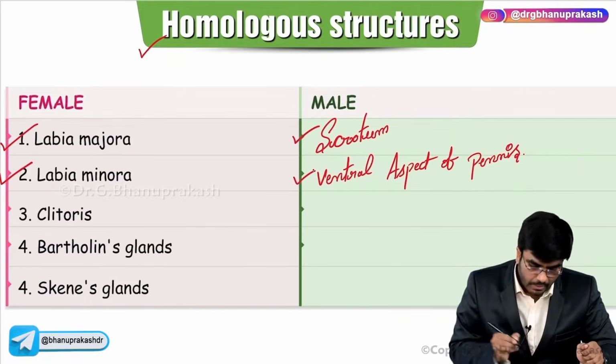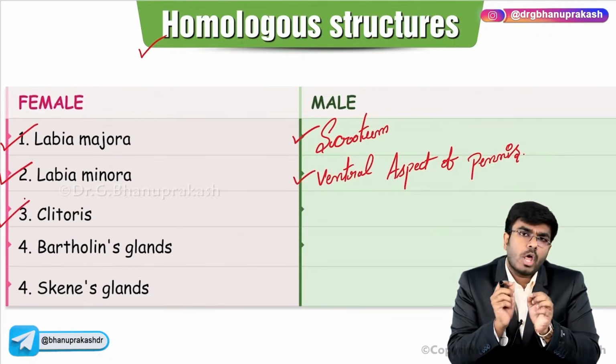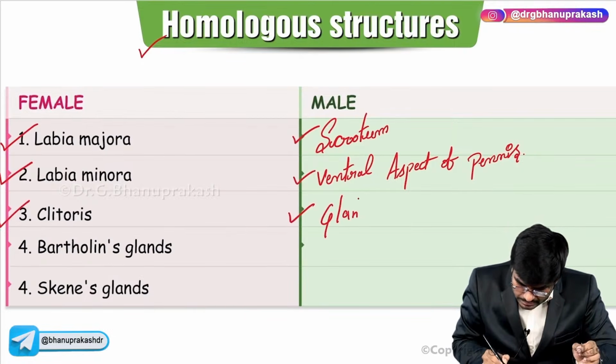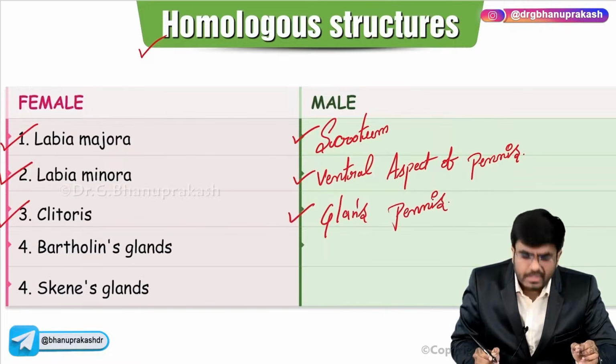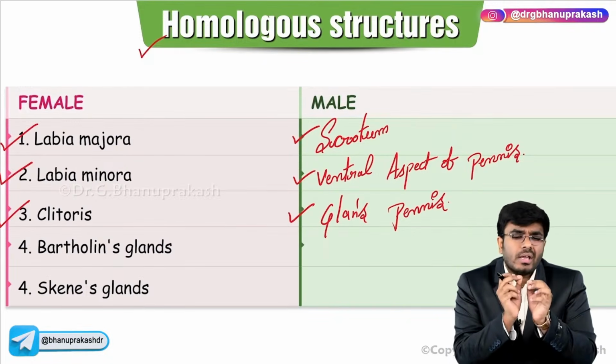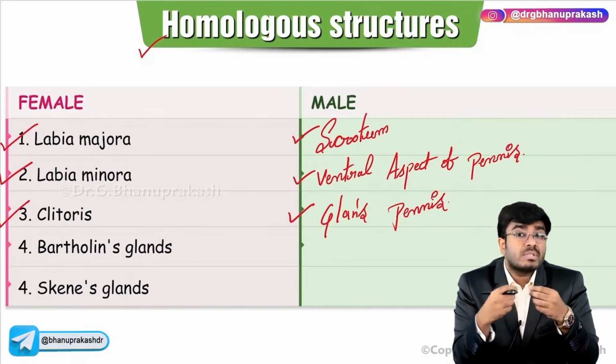Now, the clitoris in a female is homologous to the glans penis in the male. See, the clitoris is nothing but an erectile organ which can be stimulated especially during sexual arousal in a female.